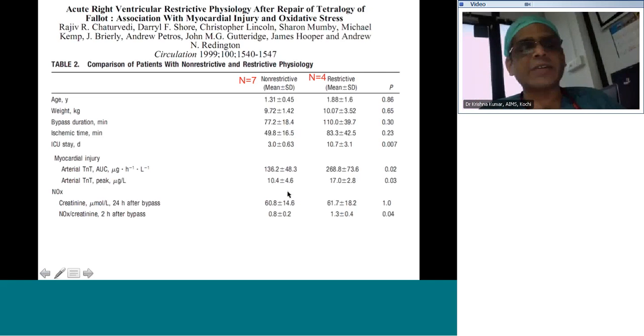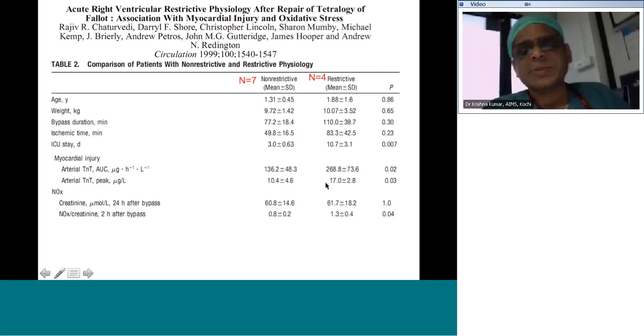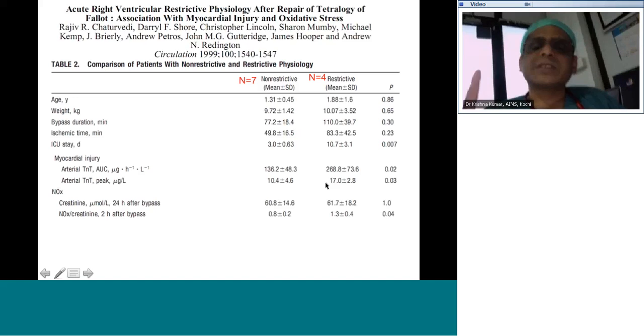Although there were differences in bypass times, because these numbers are very small, the difference did not reach statistical significance. But you can see that this was 110, this was 83, and this was somewhat lower. In our own experience, restrictive physiology is invariably associated with long bypass duration.